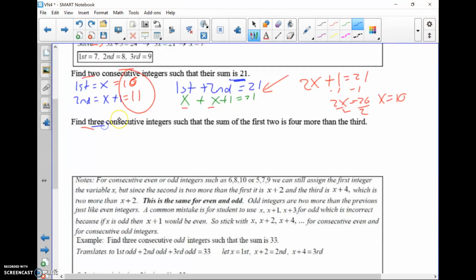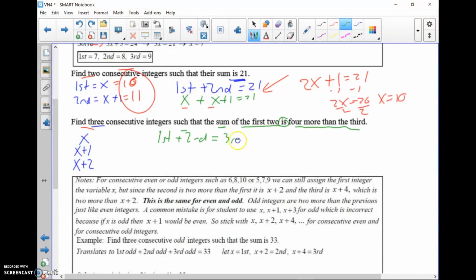This time it's 3 consecutive integers, so that means I'm going to have x, x plus 1, x plus 2. And x plus 2 is really x plus 1 plus 1, right? Plus another 1 further away. Such that the sum of the first 2, so that's the first plus the second, equals 4 more than the third.